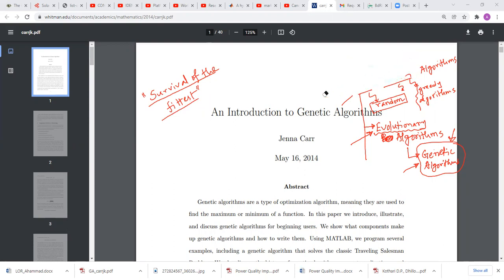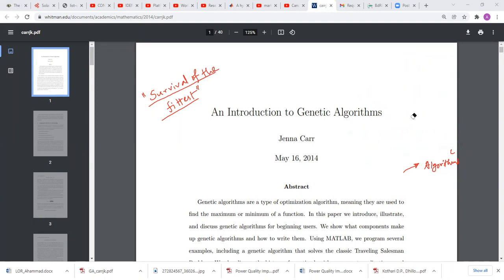So now let us see what are the steps actually involved in the genetic algorithm. Each of the algorithms under this metaheuristic is mostly taken from natural inspiration, from different natural phenomena.